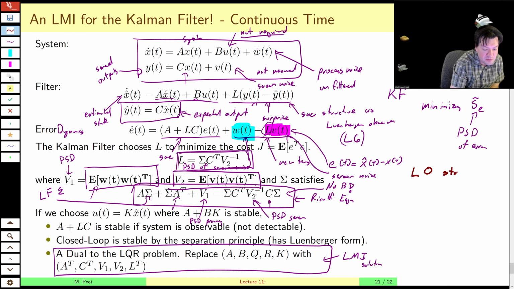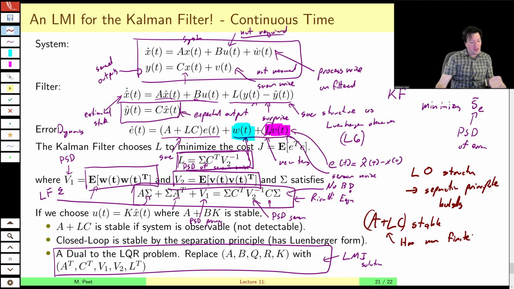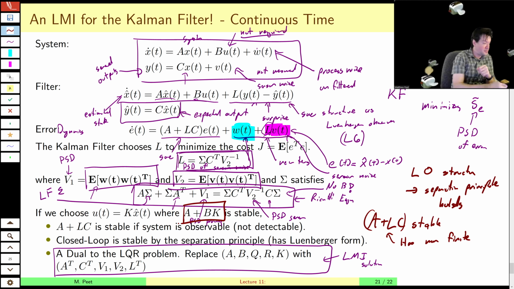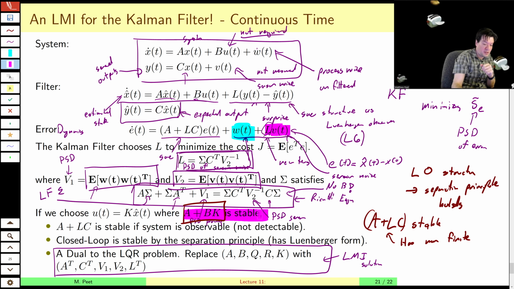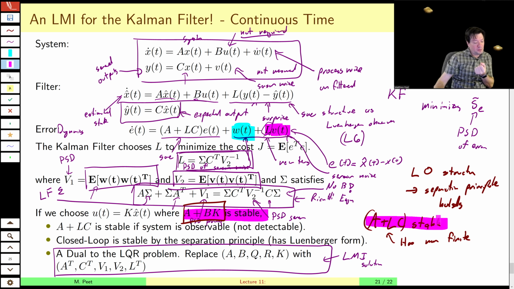Although you have to be careful about that because remember we're doing H2, so we don't necessarily have a guarantee that this is stable. But if you do, if you have that guarantee, and I believe the Kalman filter is guaranteed to be stable, A plus LC is guaranteed to be stable, then if you ensure that A plus BK is also stable, the separation principle shows that the closed loop system is also stable.